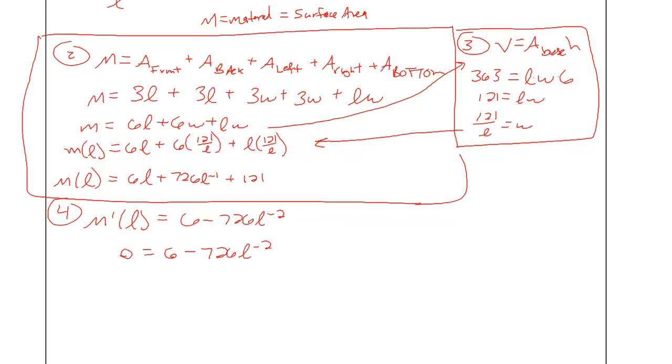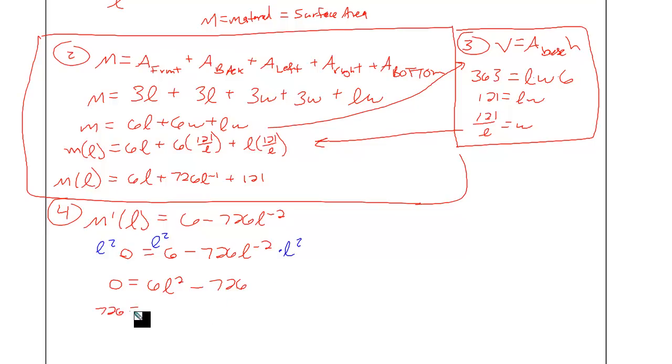I'm going to multiply each term by L squared. This is going to get rid of the fact that I have a negative exponent. 0 times L squared is 0. 6 times L squared is 6L squared. L to the negative 2 times L squared, those cancel. They're inverse operations.